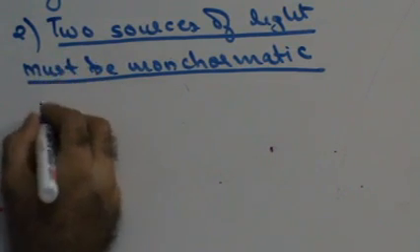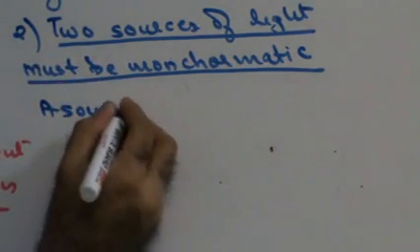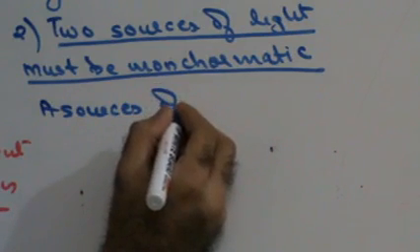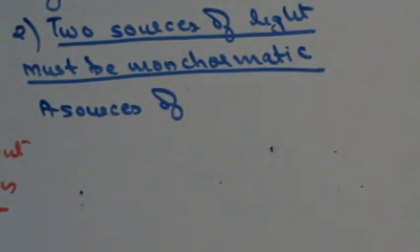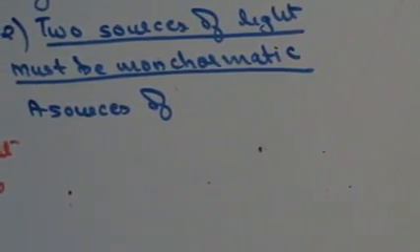A source of light, if they have different wavelengths, then they would meet at different points. As a result, I would not get steady state interference. Remember, steady state interference means I should have either maximum displacement or minimum displacement.